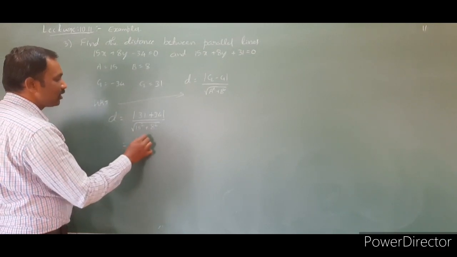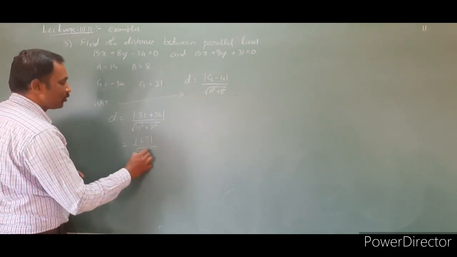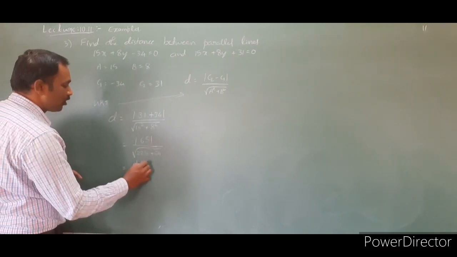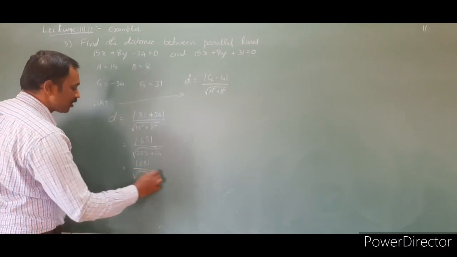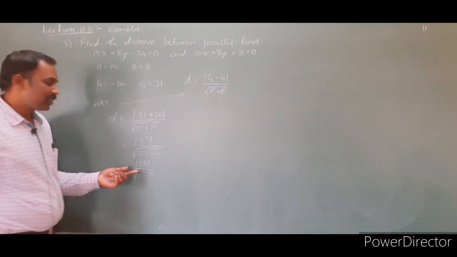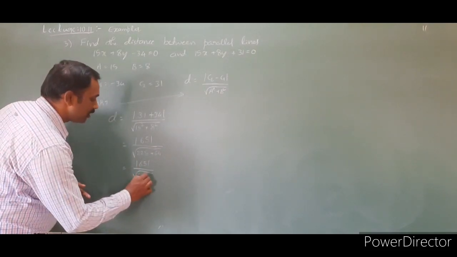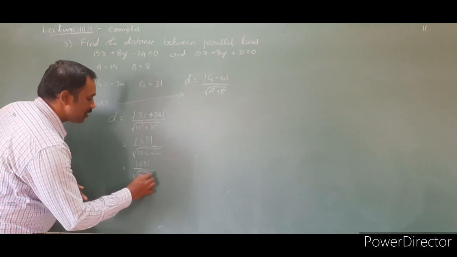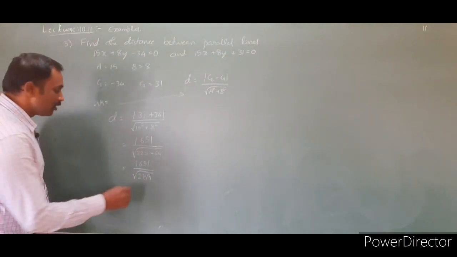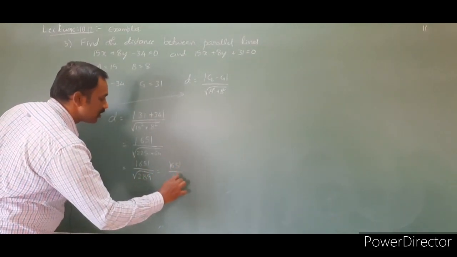What will we get? D is equal to mod of 65 as it is, divided by under the root of 225 plus 64. 225 plus 64, how much is it? This is 289. 289 is nothing but how much? 17 square, so root is 17.